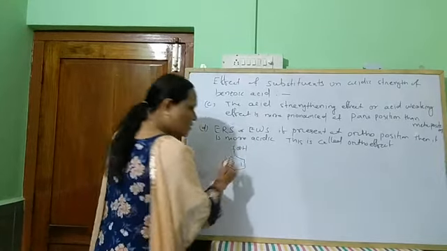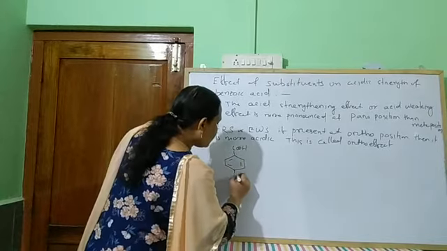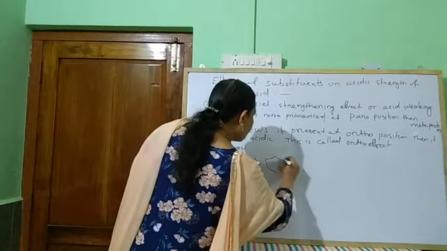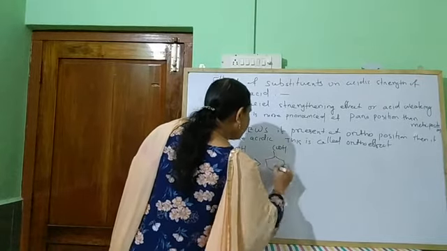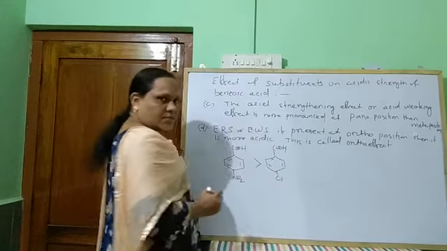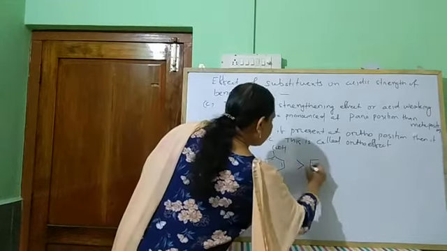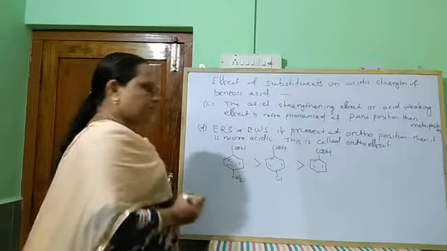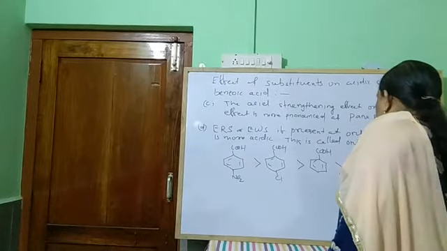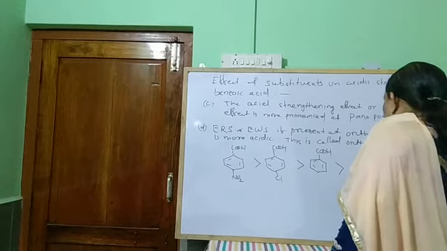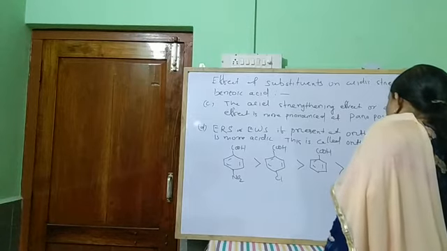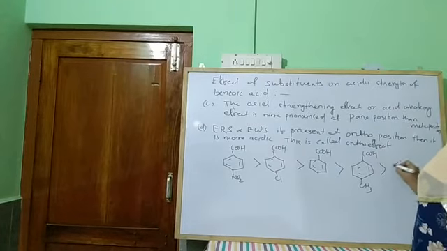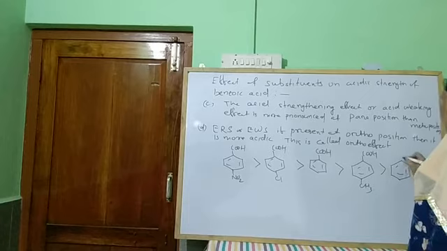So if I consider only the para substituents, this is para nitrobenzoic acid. This is a stronger acid as compared to chlorobenzoic acid, which is a stronger acid as compared to benzoic acid, which is again a stronger acid as compared to toluic acid, which is a stronger acid as compared to anisic acid.